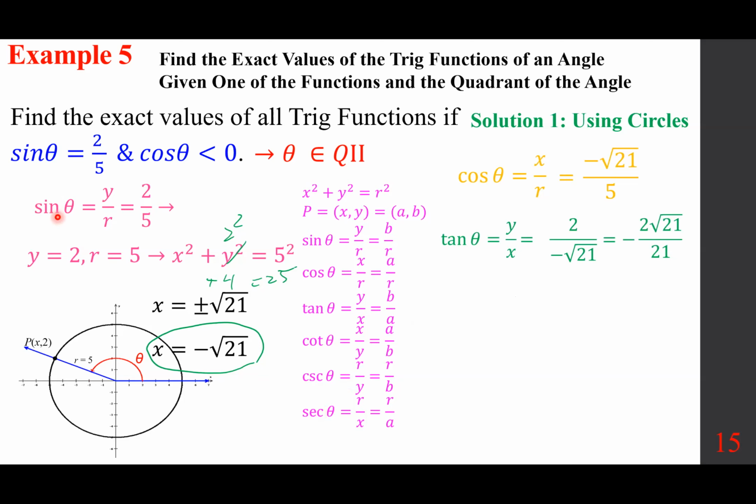For example, the reciprocal of sine gives you cosecant. The reciprocal of cosine gives you secant. The reciprocal of tangent gives you cotangent. So you can use the identities here. So cosecant is 5 over 2. Secant is r over x, or as I said, the reciprocal of right here.